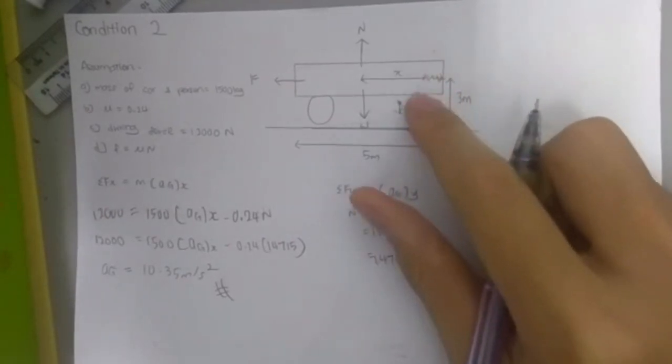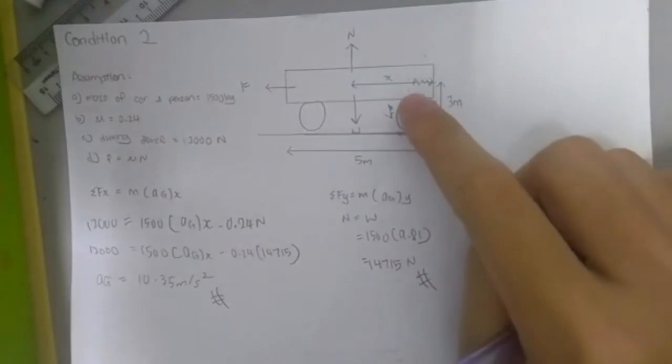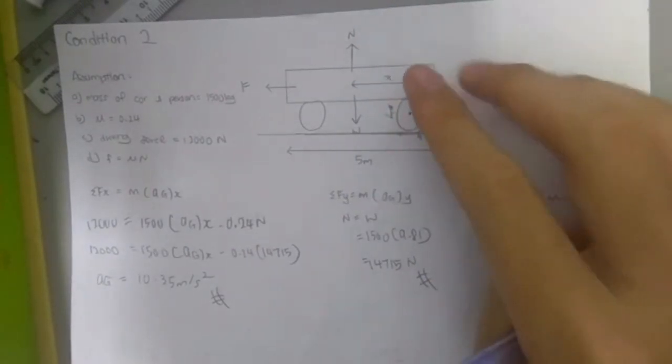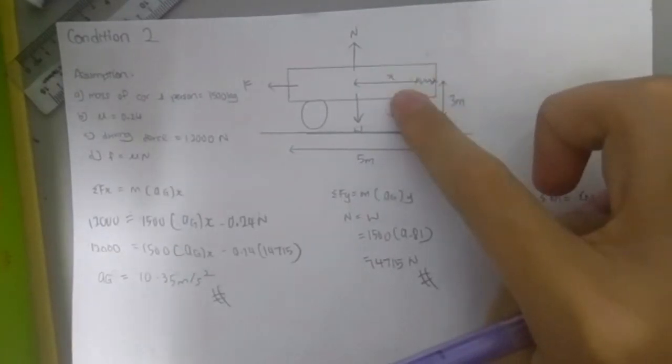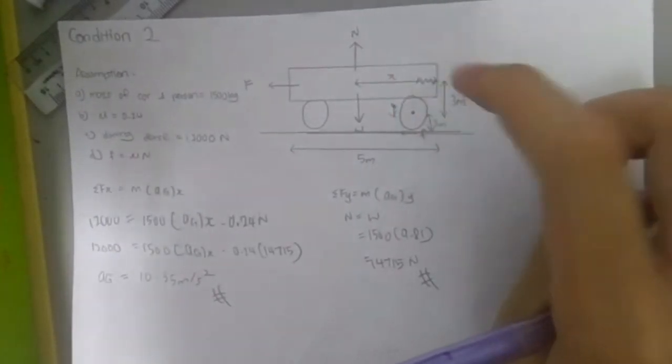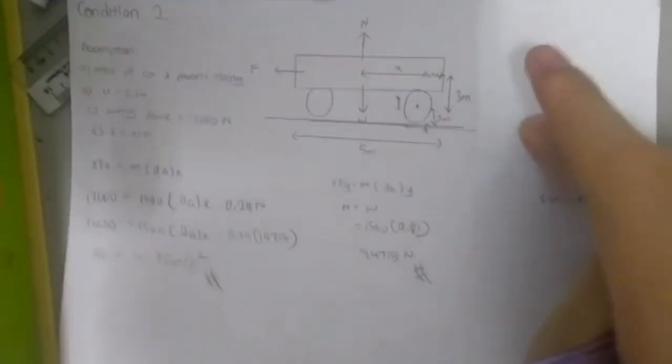Okay, if this distance is lower than 2.5, so it means this car is slipping. And if the x is larger than 2.5, which means the car is not slipping.